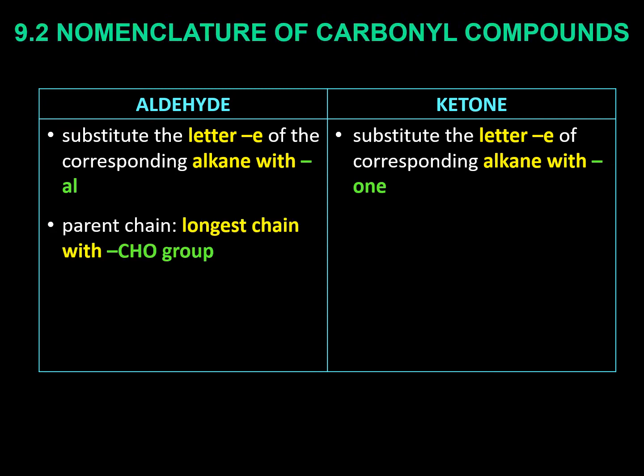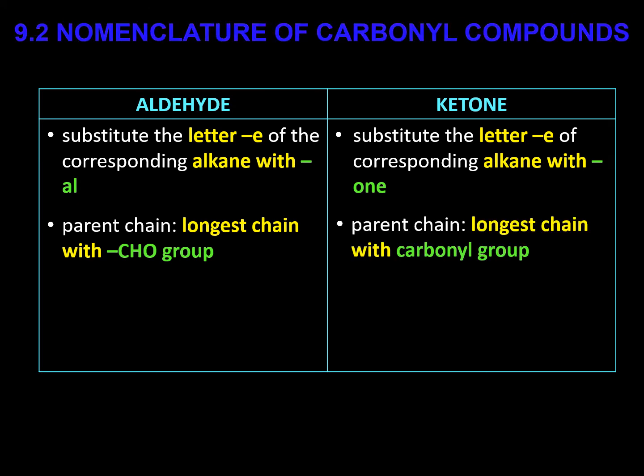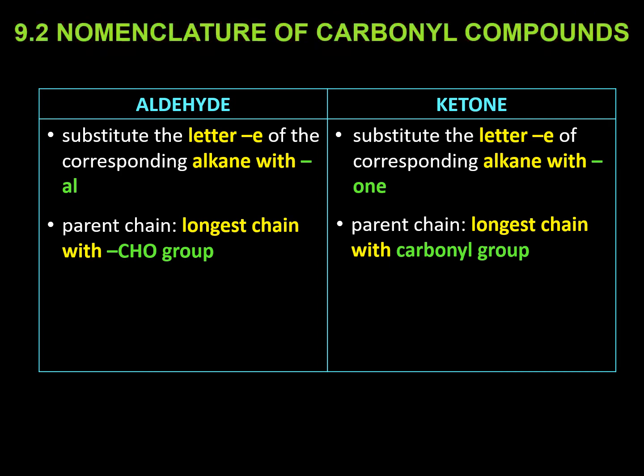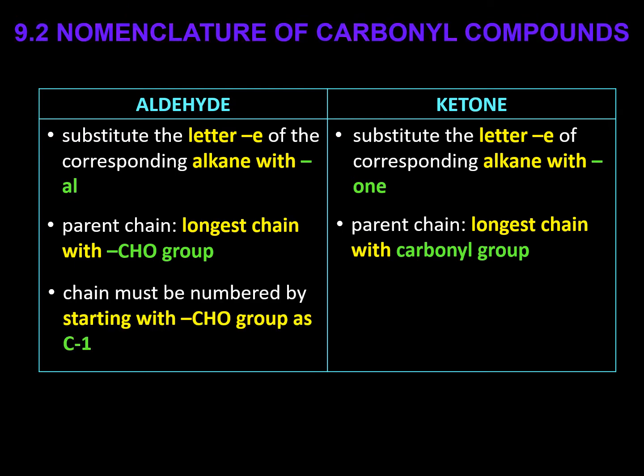For the parent chain of aldehyde, the longest chain must have a CHO group. For ketone, the parent chain is the longest chain that must include the carbonyl group of C double bond O. For aldehyde, the chain must be numbered by starting with the CHO group as the first carbon.